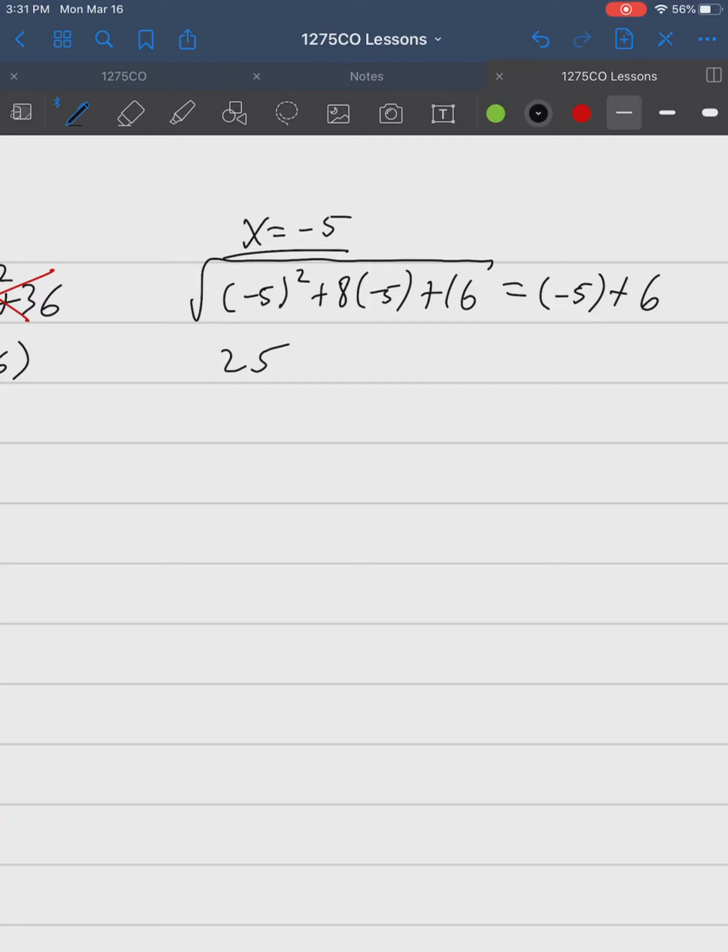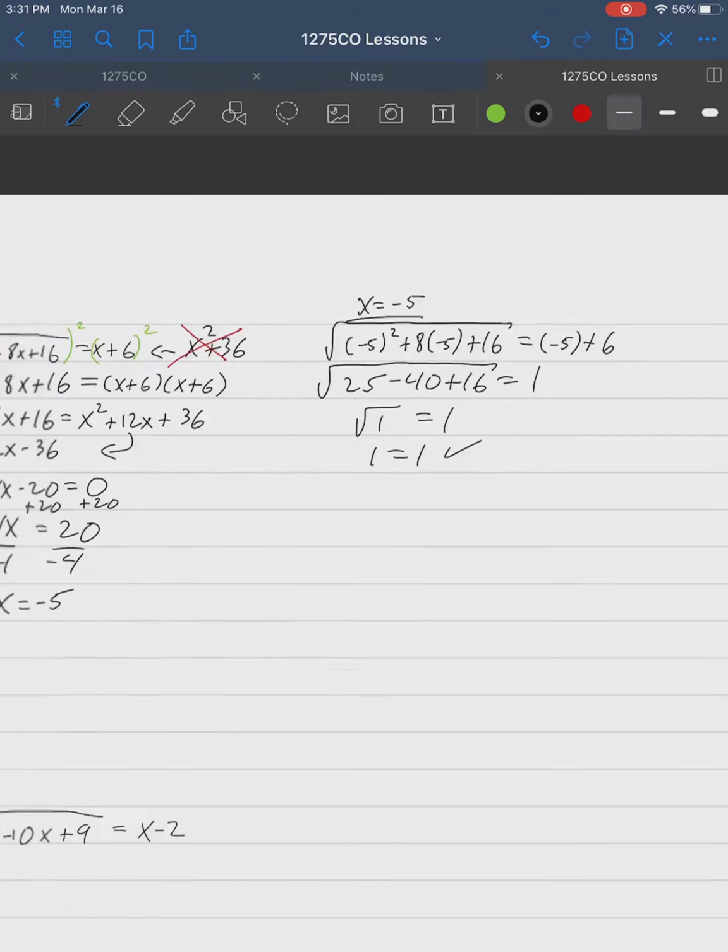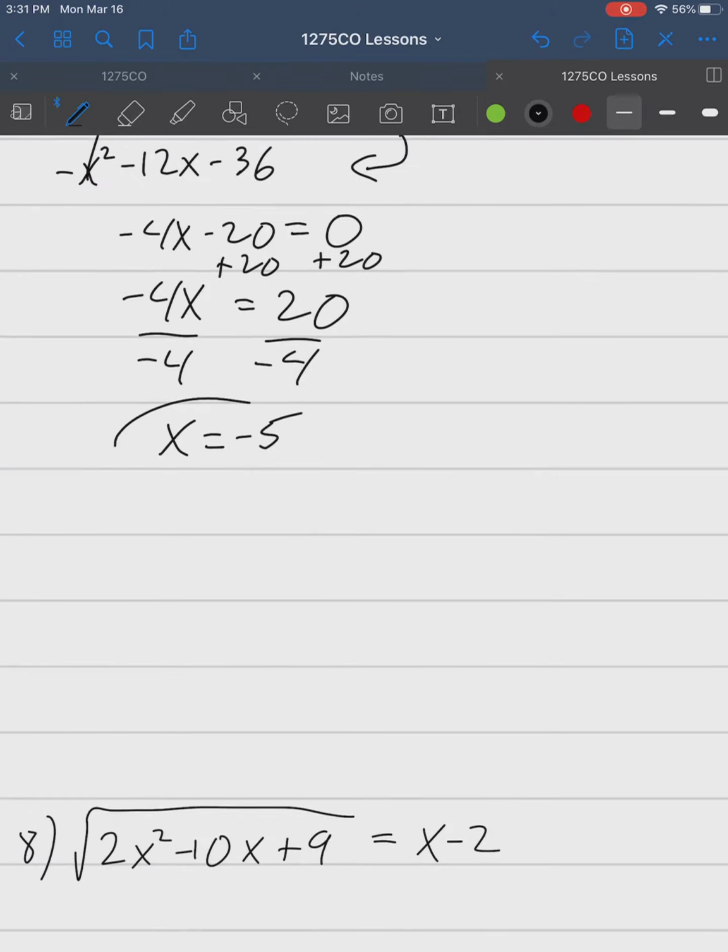So inside the radical, that's 25 minus 40 plus 16 and equals 1. Add this up. 25 minus 40 is equal to negative 15 plus 16. That's equal to radical 1. And the square root of 1 is equal to 1. And this works, and this is our answer.